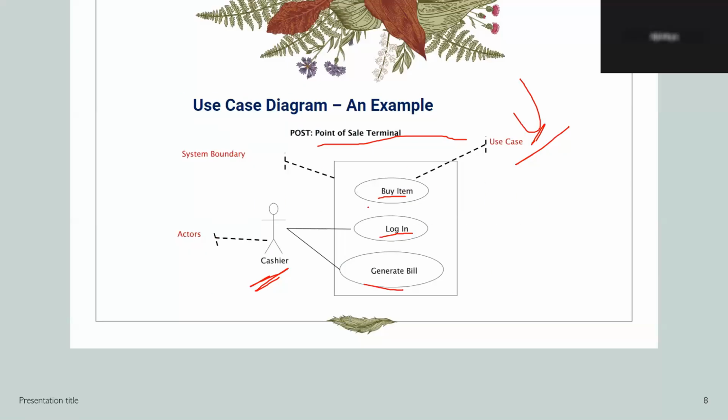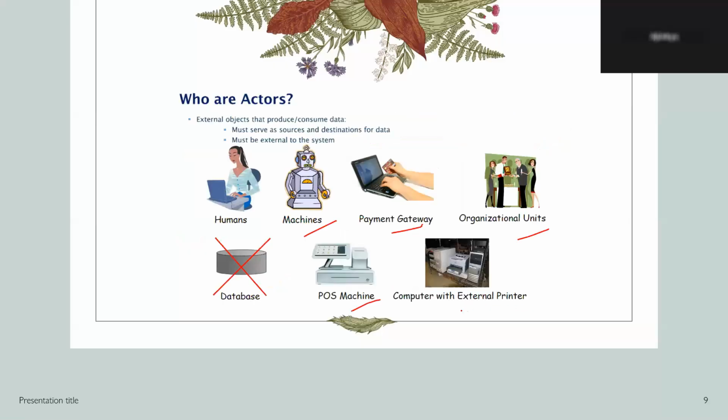Now the next thing is, who are the actors? Actors should be humans, like we discussed, the two humans. Also machines, payment gateway, organizational unit, point of sale machine, and computer with an external printer.